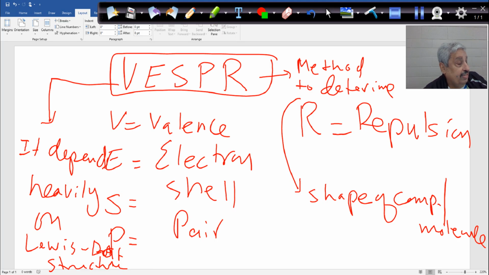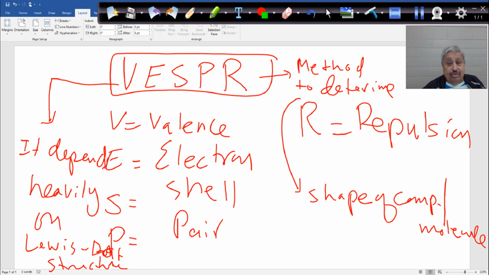Those are valence electrons, those are negative charges. Whenever we draw a Lewis dot structure with single bonds, double bonds, triple bonds, lone pairs or non-bonding pairs, those negative charges repel each other. They don't attract each other, they repel each other.